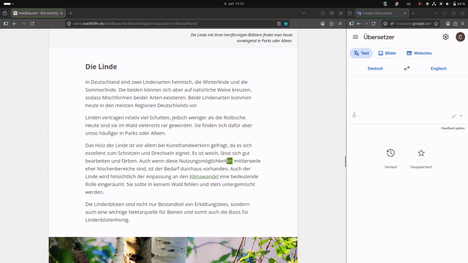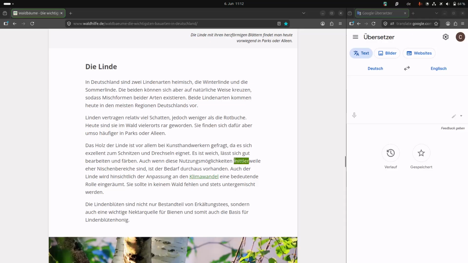We also here have this N again. Mittlerweile. How to explain that? Mittlerweile means basically by now. I don't know, Mitte, middle, mittler.